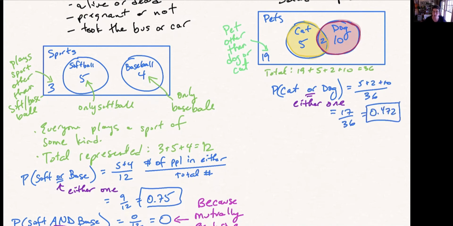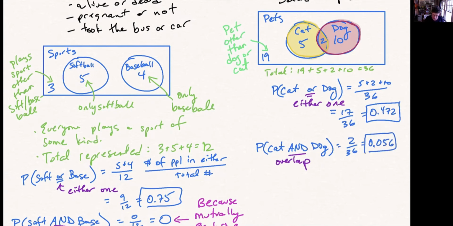All right, what about the "and"? What about the probability of owning a cat and a dog? Just like before, what this "and" means is we're looking for the overlap. If we look back at our circles, these are the people that are in both circles. They own a cat and they own a dog. Do you see where that overlap is? That's right here. So I've got 2 people in that category. So that's 2 out of 36, 0.056.